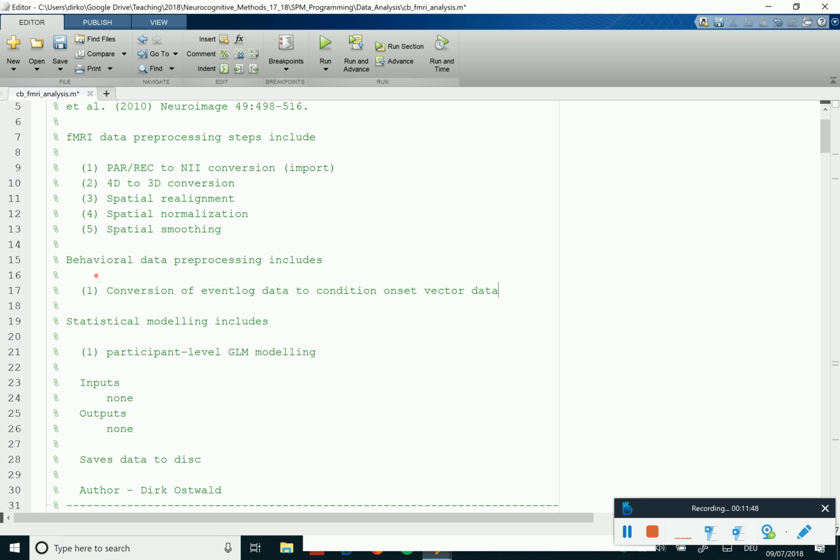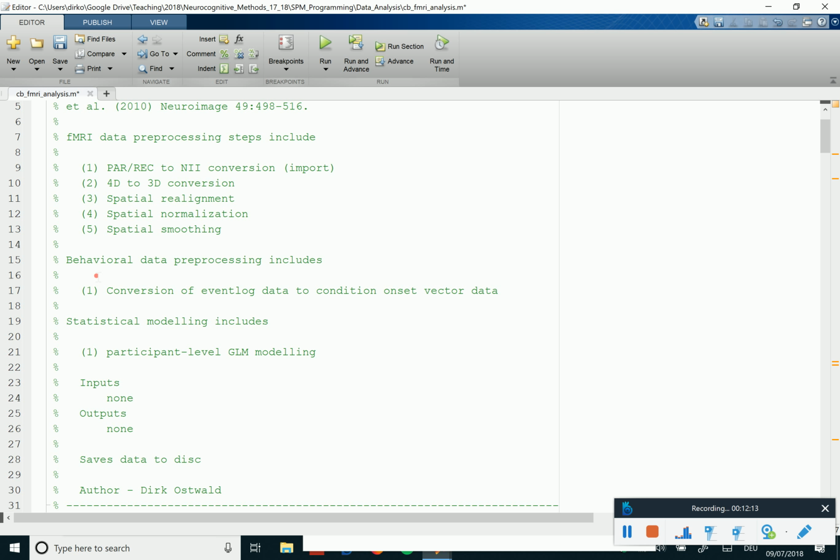And this is really the only thing I think one has to do by oneself in an fMRI data analysis. So one has to think how the experiment is presented. Then ideally these days one would save the behavioral data in the BIDS behavioral data format, which is essentially the event log data format that I just showed you.